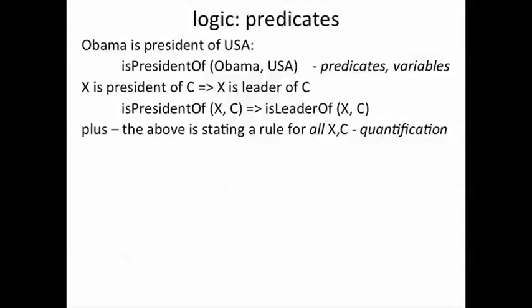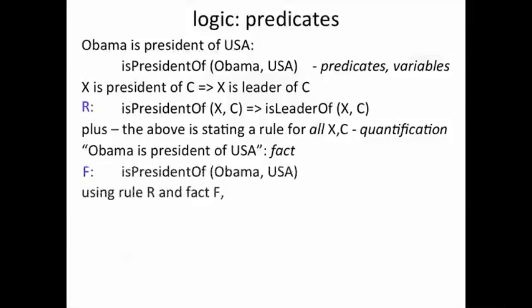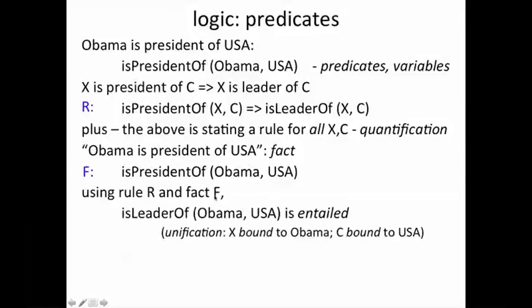So let's go through that a little carefully. Starting with a fact, such as Obama is president of USA, which is expressed as a predicate is president of Obama, USA, together with this rule, which states that for all X and C, if X is the president of C, then X is leader of C. Using R and F, we come to the conclusion that Obama is leader of USA.